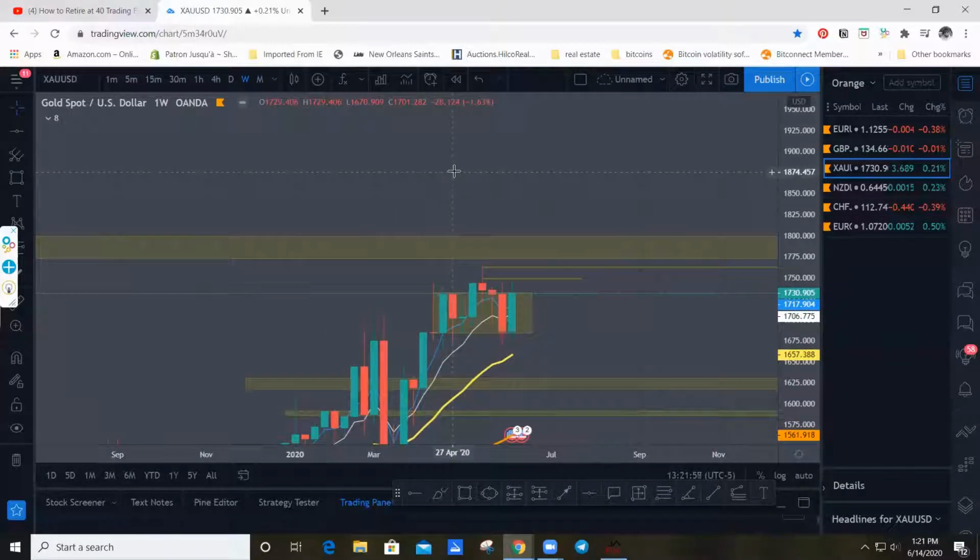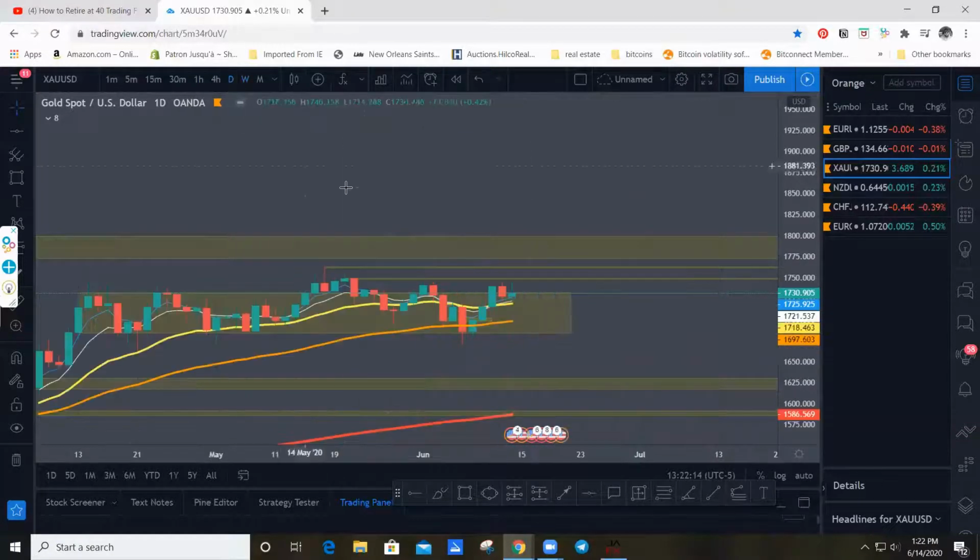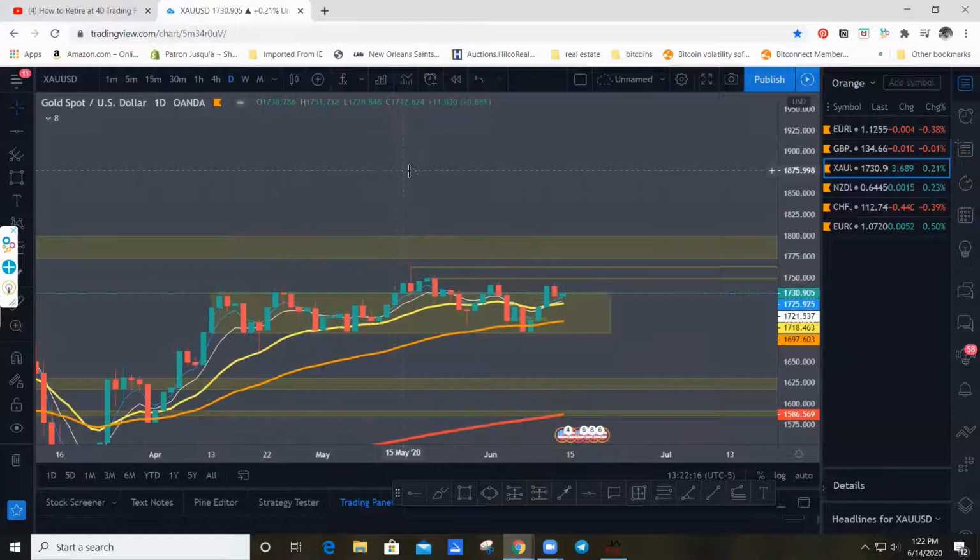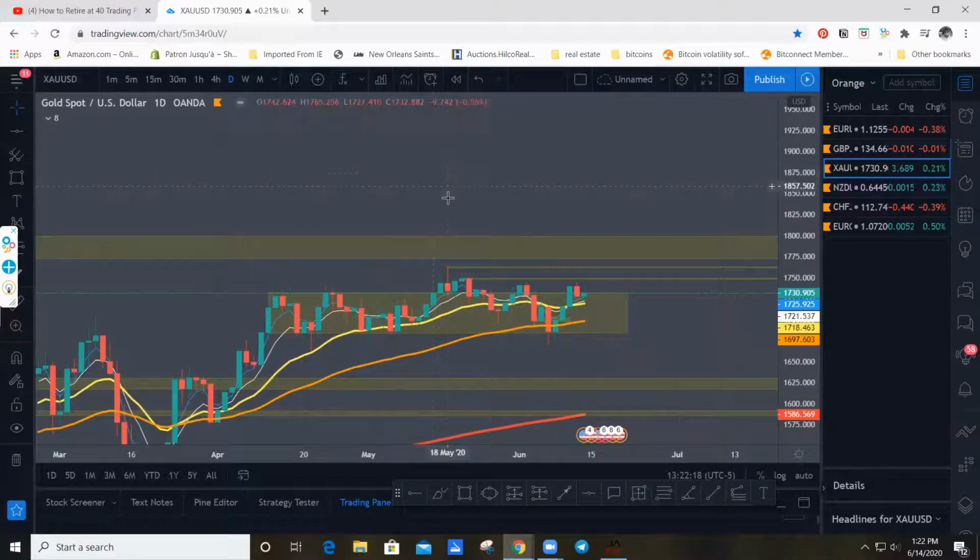Gold pushed back, Kevin, last week. And I can see gold coming back up to the zone. It's in that strong consolidation on the daily. I wouldn't mess with it right now.